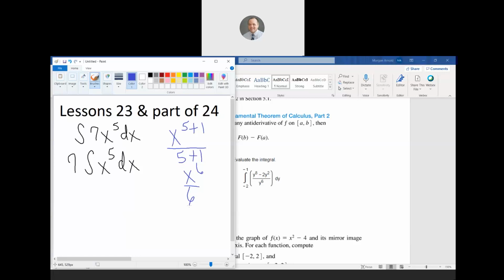And when I join the 7 with it, that gives us 7x to the 6th power over 6. One thing to remember, if you are solving an indefinite integral, then you need to put a plus c to represent any constant. If you have a definite integral, then the plus c is not required.